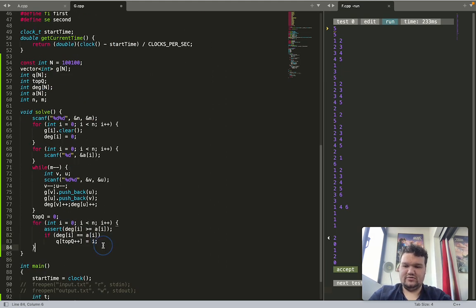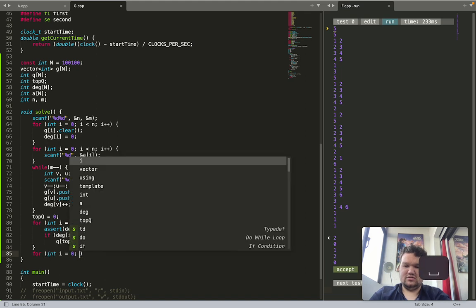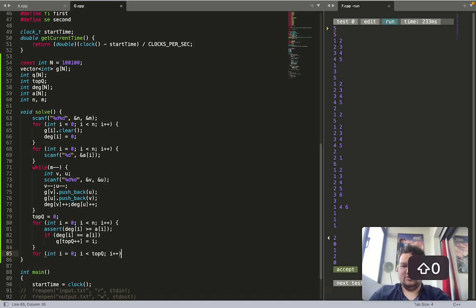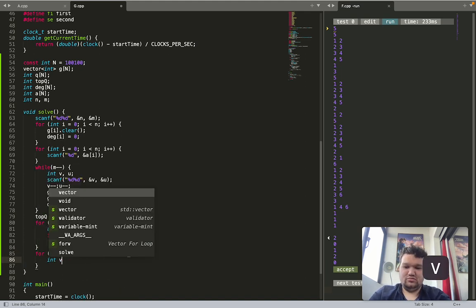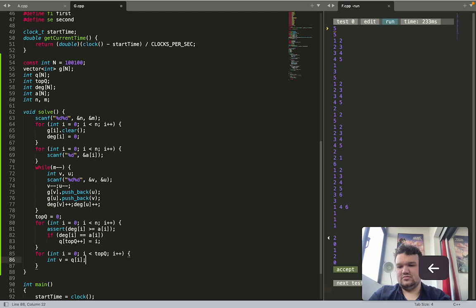So we found all the vertices from which we can start. Put them in the queue. Now in this order, just remove them.